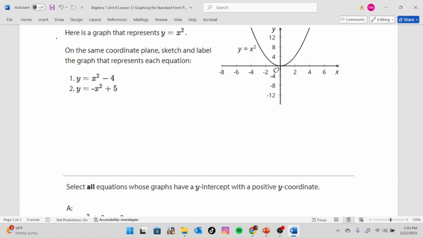So for number 1, we see that the only thing that changes is the minus 4. The a term here is a positive 1, and this means that it's going to open upward.